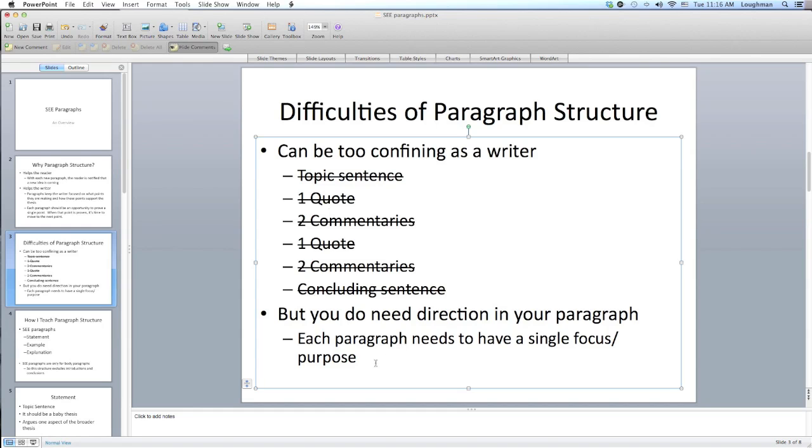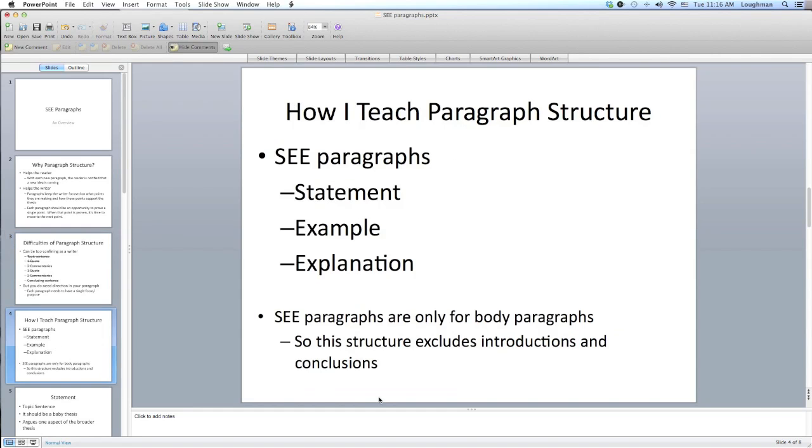So how I teach paragraph structure is I call them C paragraphs. It's not something I made up. I know other professors at this school use this. I took it from a friend of mine when I was in grad school. He taught it. I thought it was simple and effective and flexible. It's statement, example, explanation, and so C is a nice little acronym.